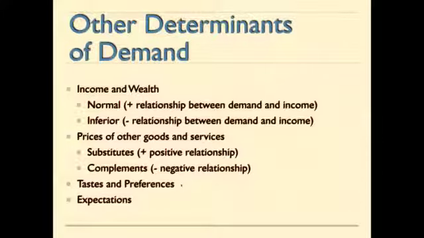And also your expectations about what's going to happen in the future. So, for example, if you're a purchaser of a particular good and in 6 months' time there's an expectation that the price will dramatically increase in the future, that'll impact your demand today. You'll want to buy more of it now to avoid the price increase in the future.